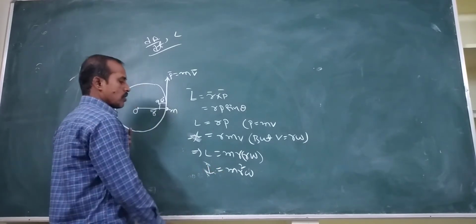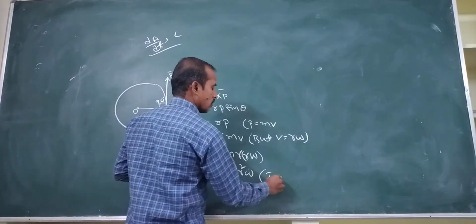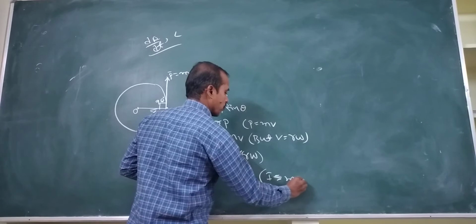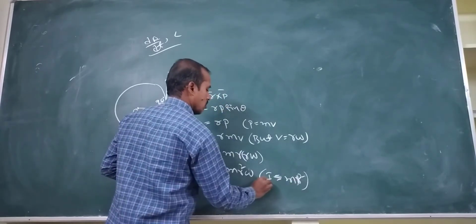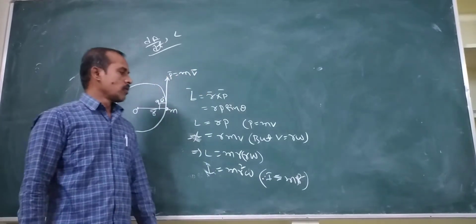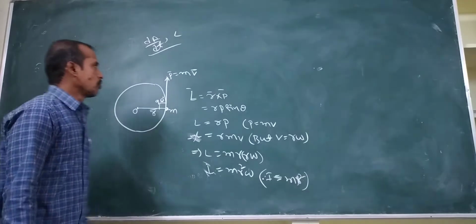But here I is equal to m r square, since I means moment of inertia.